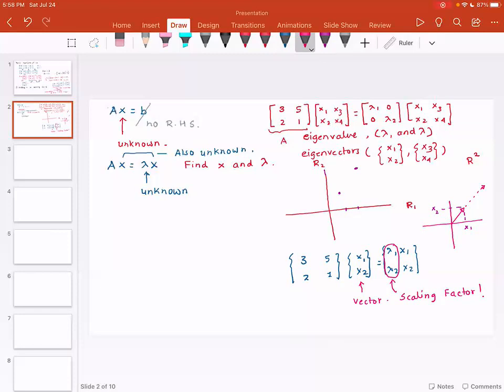And that is an important observation. So this is something we will discuss in detail when we try to solve the problems.